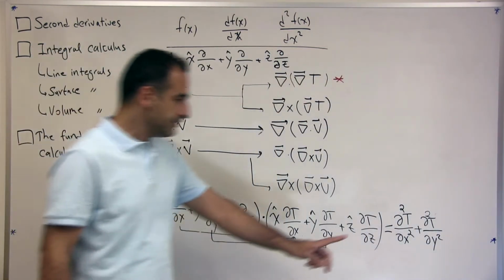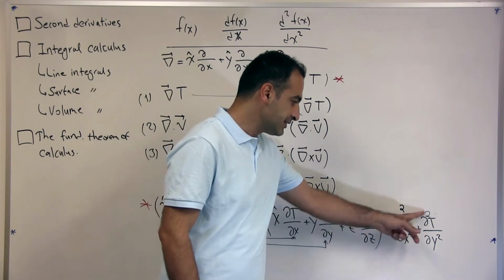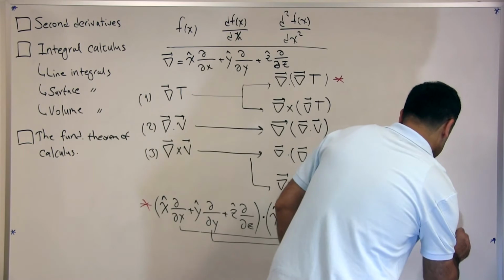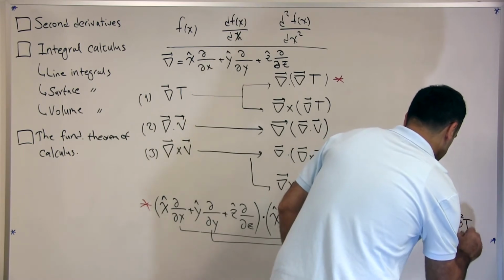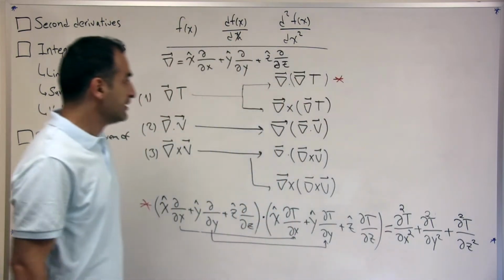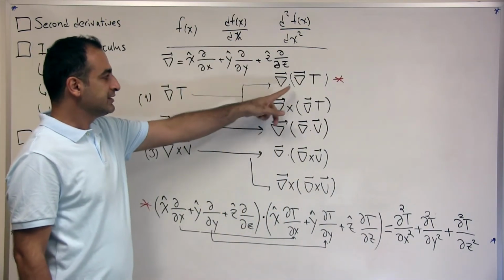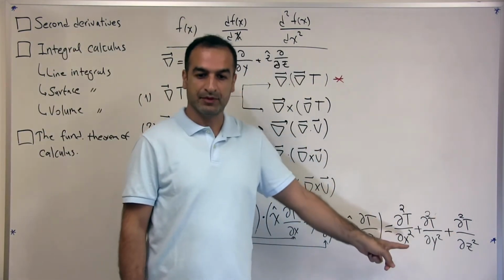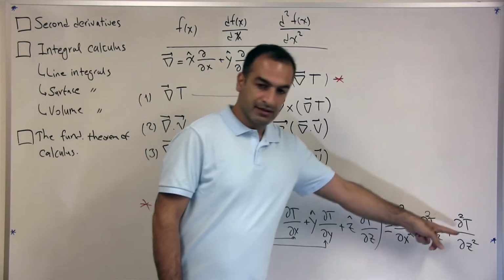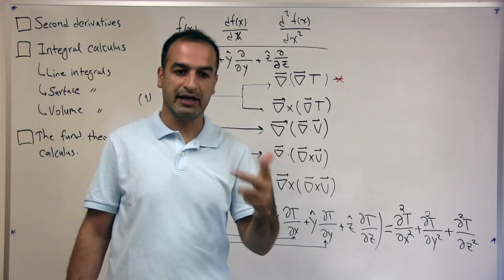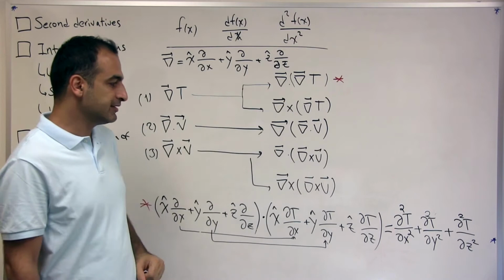So the second derivative of T with respect to x plus second derivative of T with respect to y, and I'm sure you can guess the last term should be the second derivative of T with respect to z. So this is the divergence of the gradient of T that becomes a scalar, and that has three terms, second derivative of T with respect to x, y, and z. So these are the three terms we get.